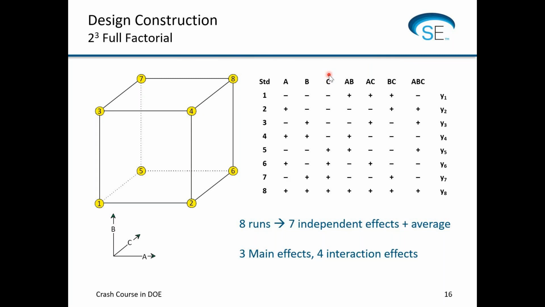Let's say we're making cookies in the kitchen, and let's say that humidity actually mattered, and the humidity in our kitchen is drifting throughout our 8 runs. Early in the day, maybe it's low humidity. Later in the day, it's high humidity. So if I run them in standard order and I look at the average of when things are positive and the average of when things are negative, the risk I run is that I would confuse that lurking variable, the rising humidity, with the impact from factor C.